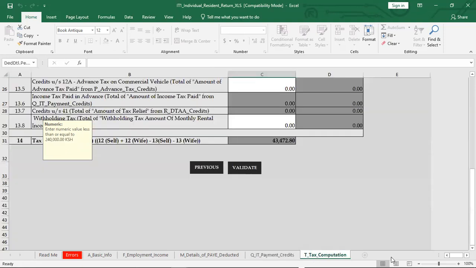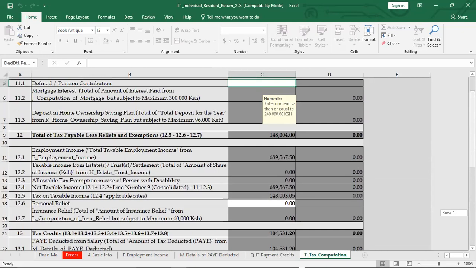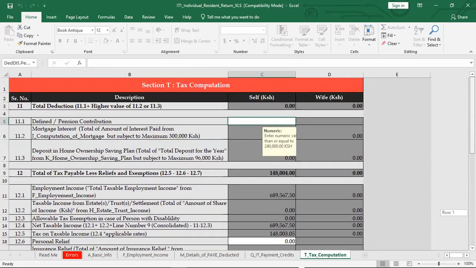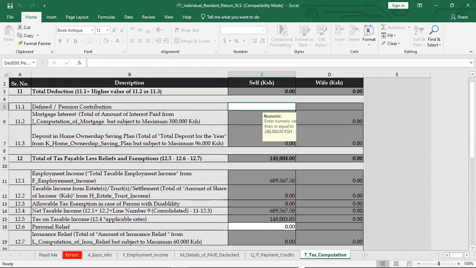Are we together there? Okay. So this is the summary of everything. As you can see, now we have total deductions. That one, it computes itself.